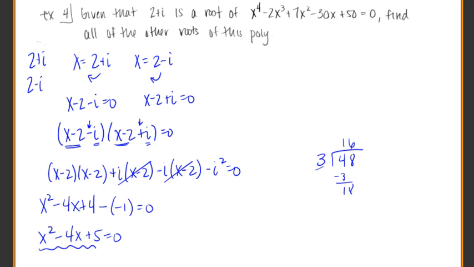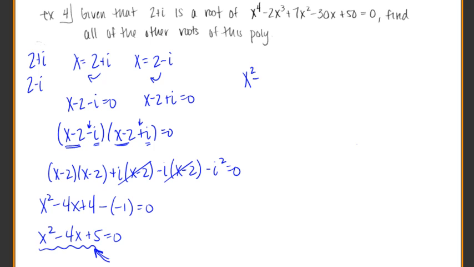So what we know is that 3 and 16 are factors that make 48, or you can consider them roots that make up 48. So what we found out here is that I know that this polynomial over here, this x squared minus 4x plus 5, together represents two of the roots. So how can I get the other ones? Well, all we have to do is divide it into the original problem, and it'll give us the other ones.